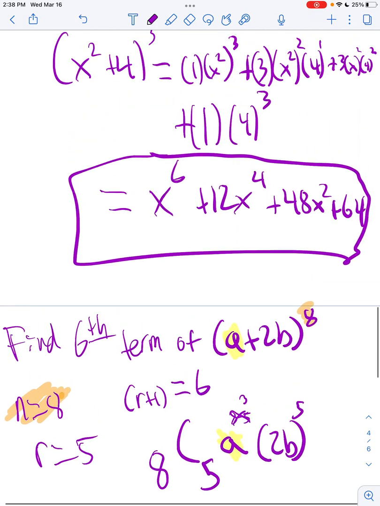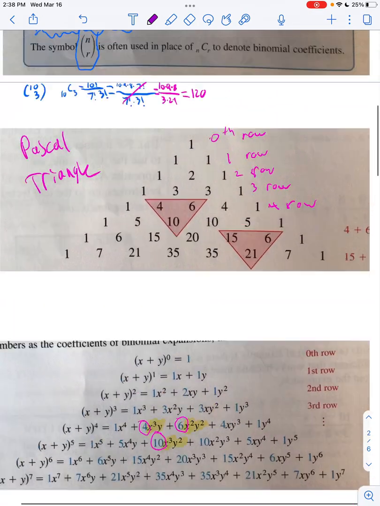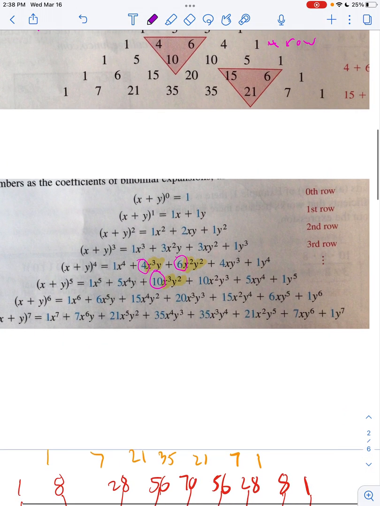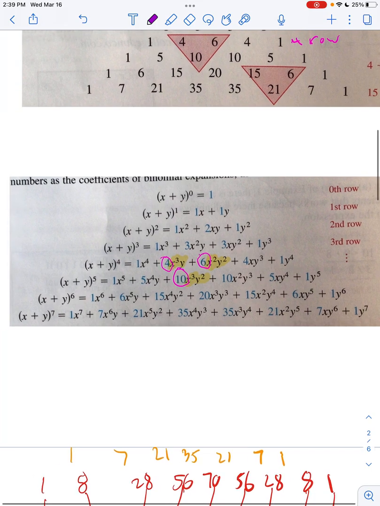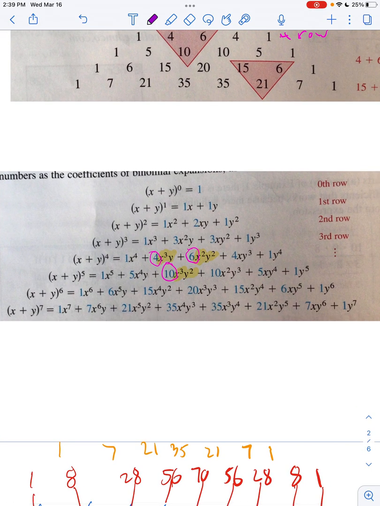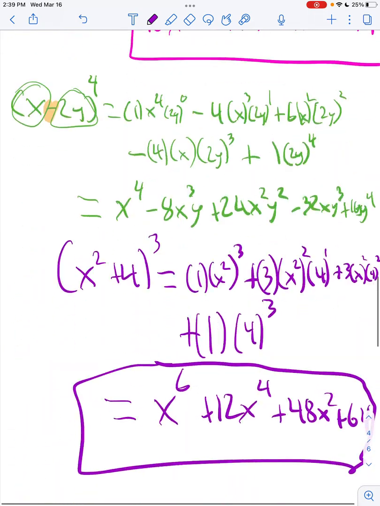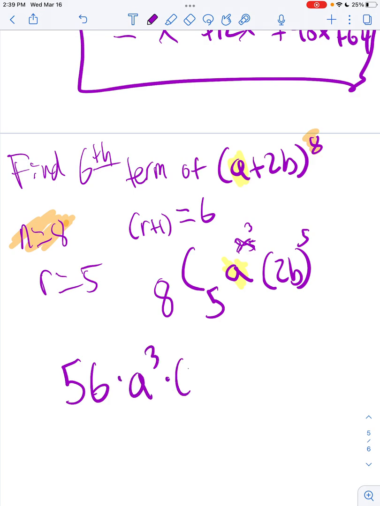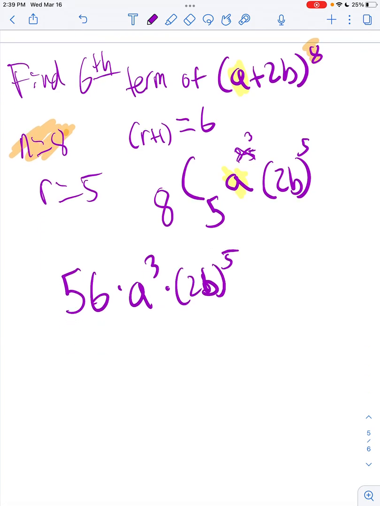So if I'm looking at Pascal's triangle, I need to find the eighth row, and it's going to be the sixth one, which is 56. So my first term starts with 56 times a to the third times 2b to the fifth.